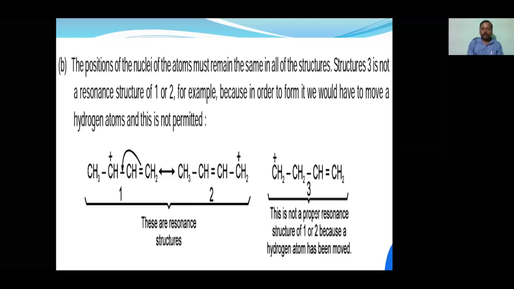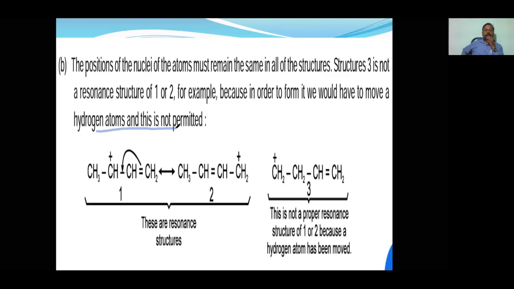But this is not proper for structures 1 and 2, because hydrogen atoms are removed. In order to form them you would have to move hydrogen atoms, which is not permitted. When you carefully observe, you will find a difference in the number of hydrogen atoms on the given chains.